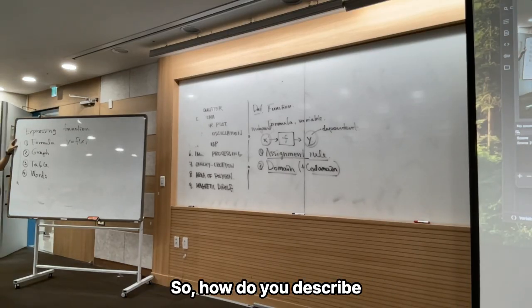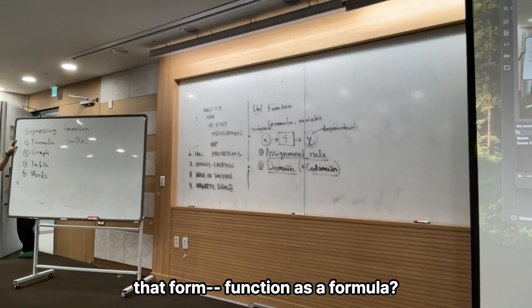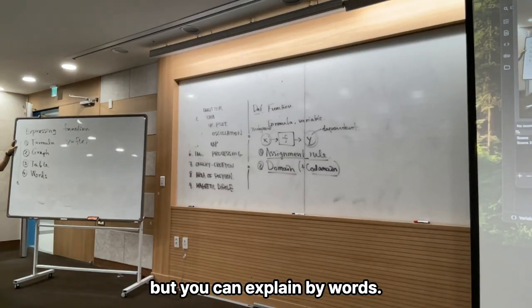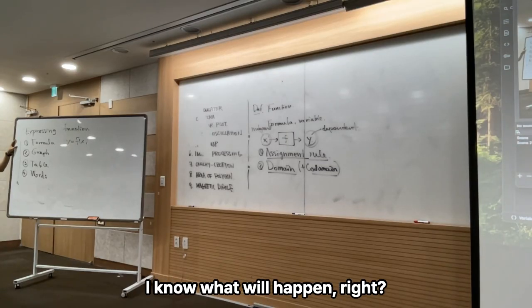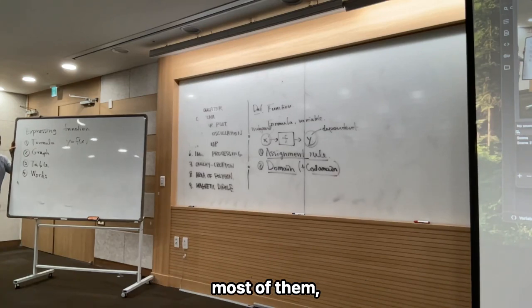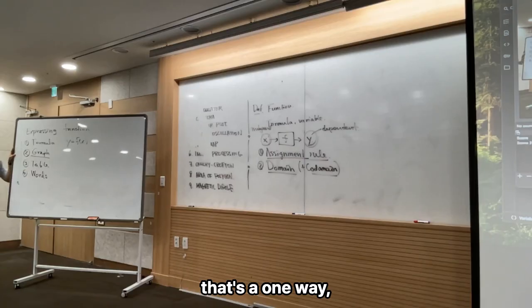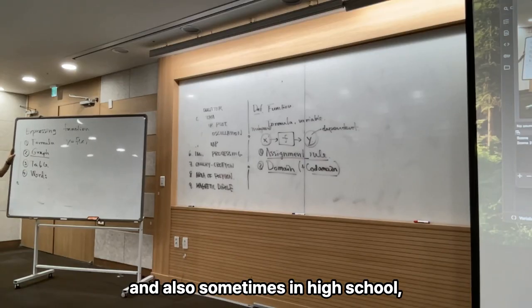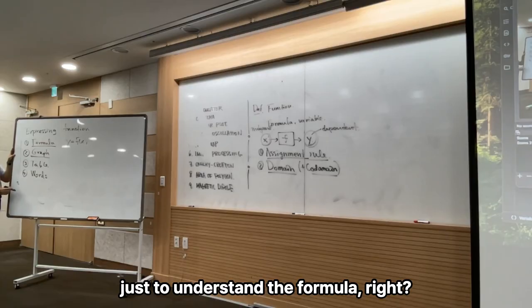So how do you describe that function as a formula? Well, you can't, but you can explain it by words. If I press this button, I know what will happen, right? So you can explain most of them by words. And you can also explain by graphs. Sometimes in high school, we use graphs just to understand the formula, right?